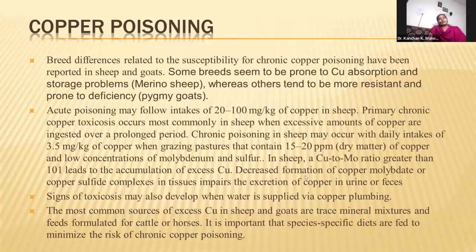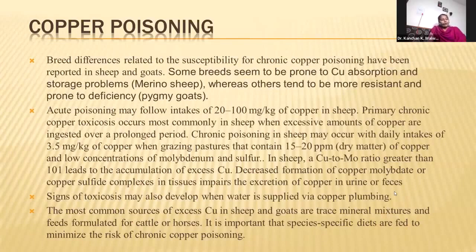So decreased formation of copper molybdate or copper sulfide complex impairs the excretion of copper in the urine and the feces. The signs of toxicosis also develop when water is supplied from copper plumbing parts. If the tap is of copper and it is rusted, at that time also you can find copper toxicity.